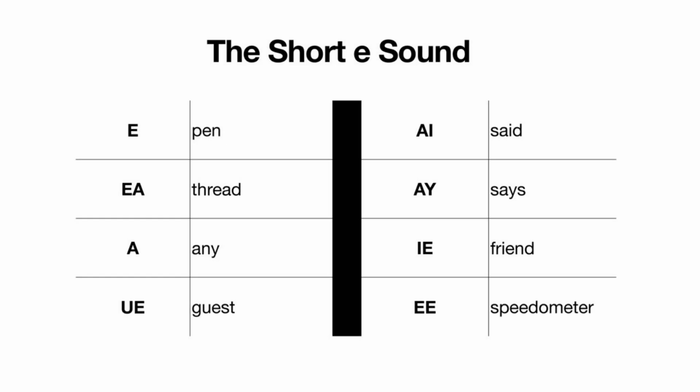We will also see the EA letter combination in thread, A in any, UE in guest, AI in said, AY in says, IE in friend, and EE in speedometer.